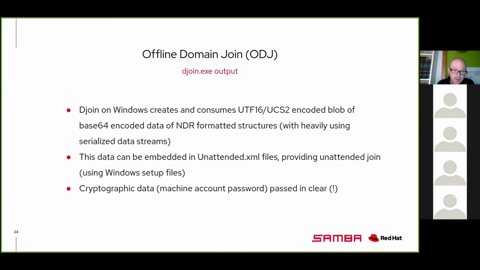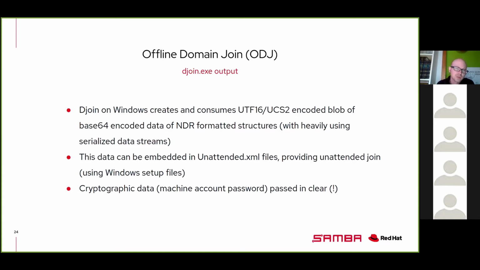The output format of that text string is UCS-2 or UTF-16, so a Unicode encoded blob of base64 encoded data of NDR formatted structures, thus carrying heavily serialized data streams. How many layers can you imagine? It has to be in this fashion.